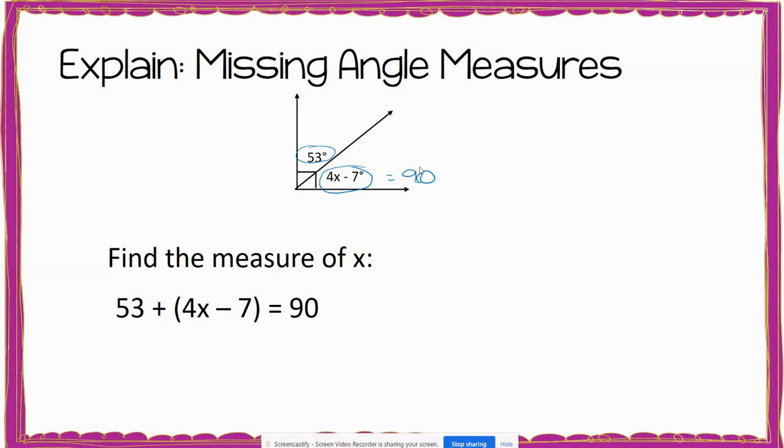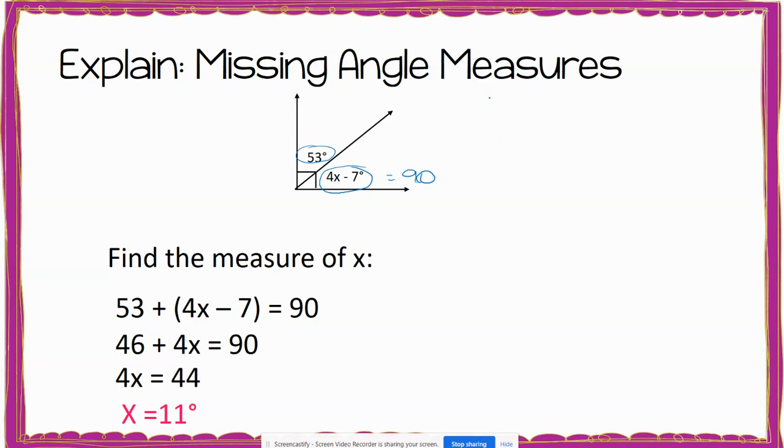Well, I would simplify this equation first by doing 53 plus negative 7, which gives me 46, and then I have plus 4x. Well, to solve this, I would need to subtract 46 from both sides, and that would leave me with 4x on the left side, and then 90 minus 46 is 44. Then I would divide by 4 on both sides, which would leave me with X equals 11.